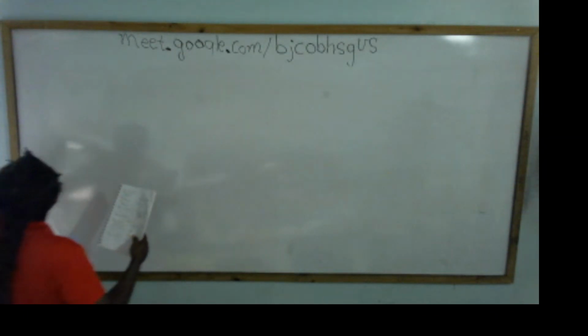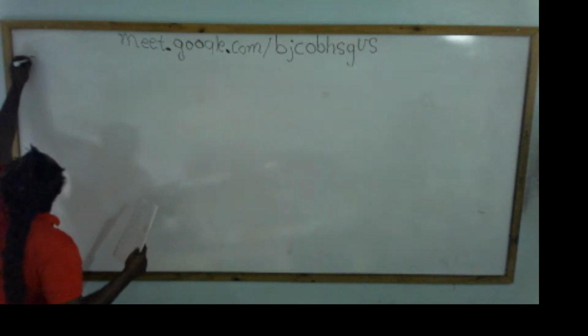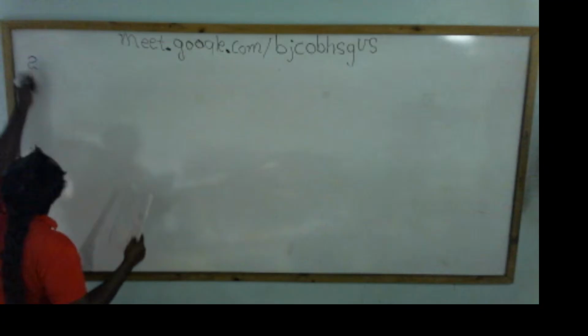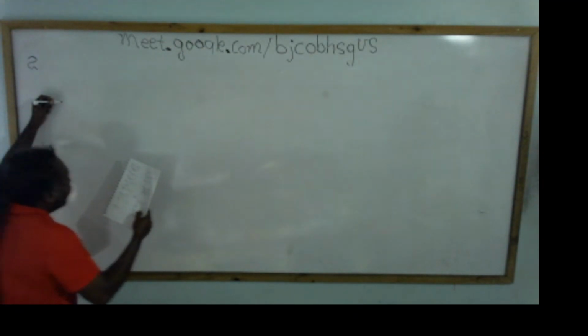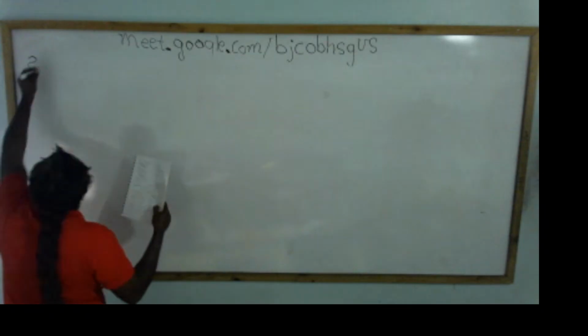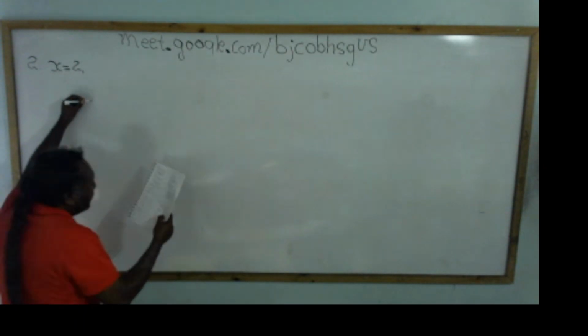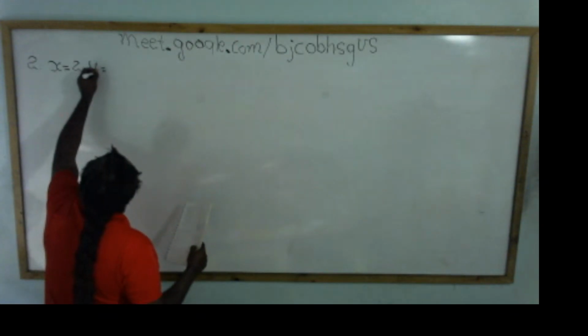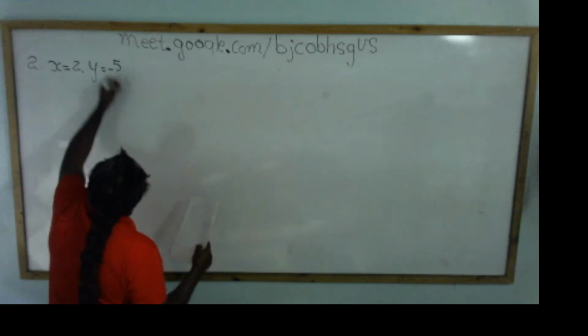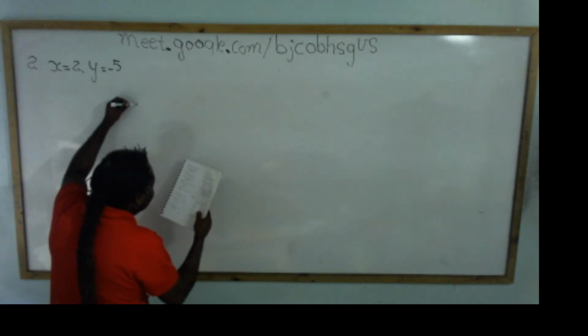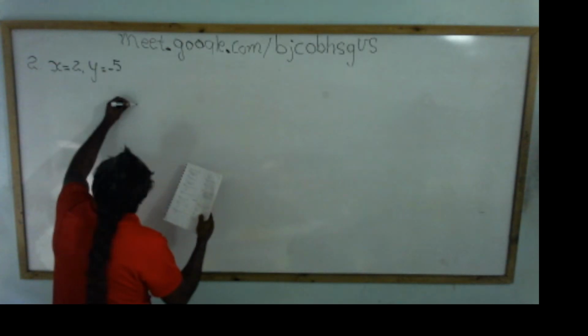Let's go. So I'll begin with number 2, and it says that x is equal to 2, y is equal to -5, and z is equal to 3.